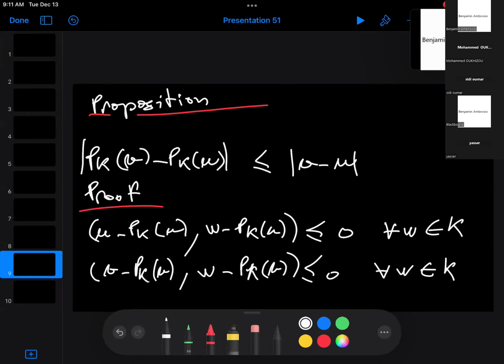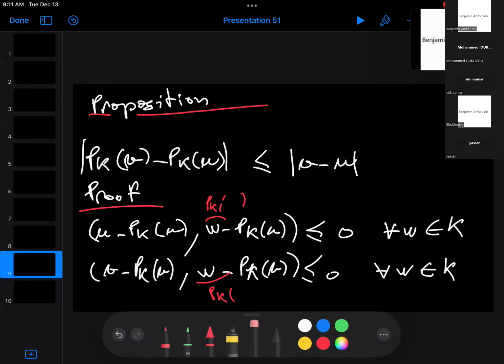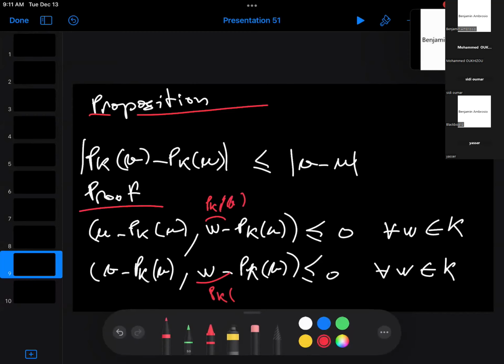Okay, so let's write here with P_K of U, and let's choose this one to be P_K of V. Sorry, so here it's V and here it's U. Okay, and I do as before.